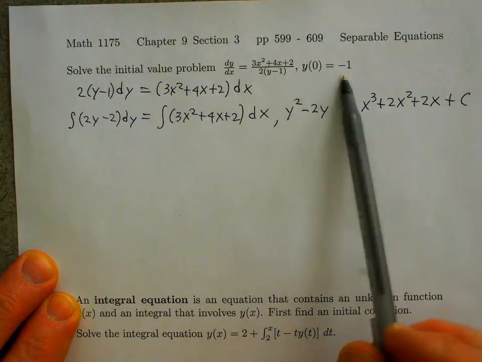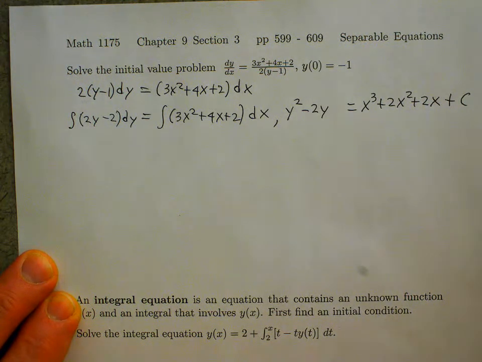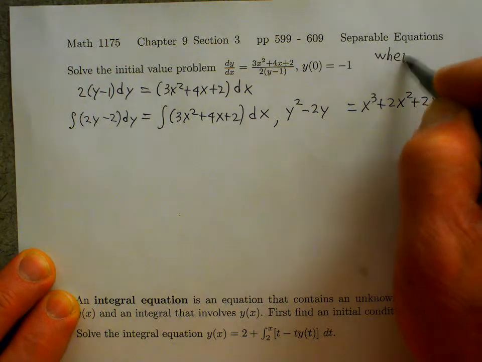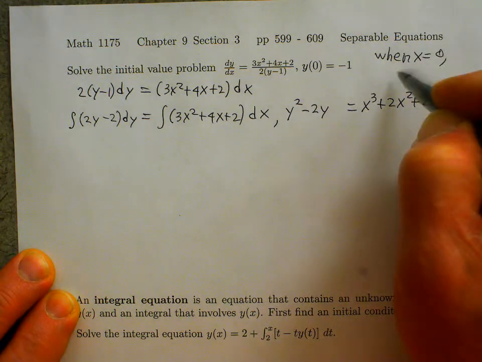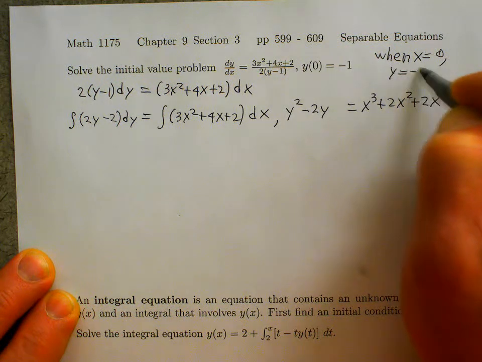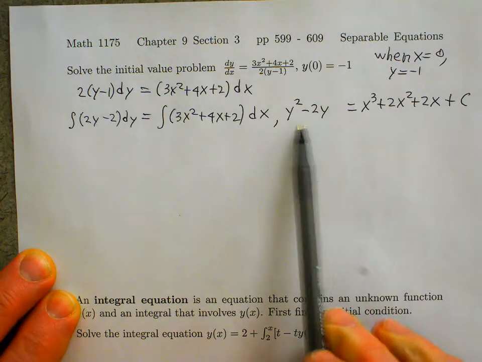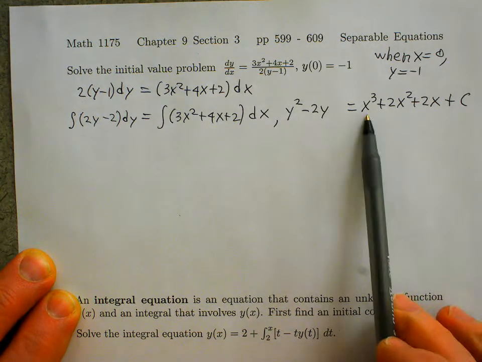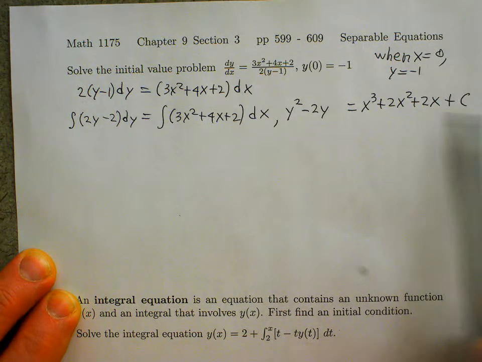So y of 0 equals -1. That just means that when x is 0, the value of y is -1. So we'll replace each of the y's with -1, replace each of the x's with 0, and then solve for c.